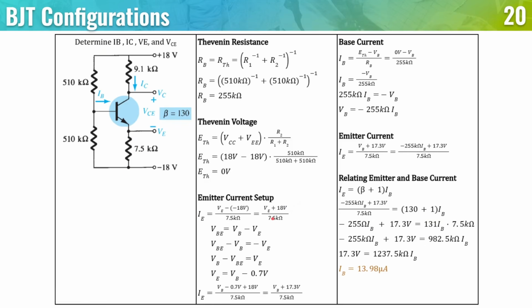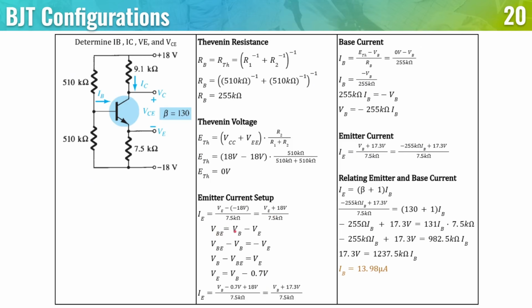From here, we can rearrange some stuff. We know that VE is something that we need to substitute because as we're solving for the base current, we can use VBE. So we need to find something that we can relate to.